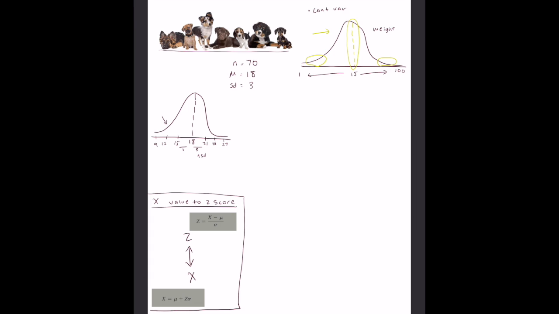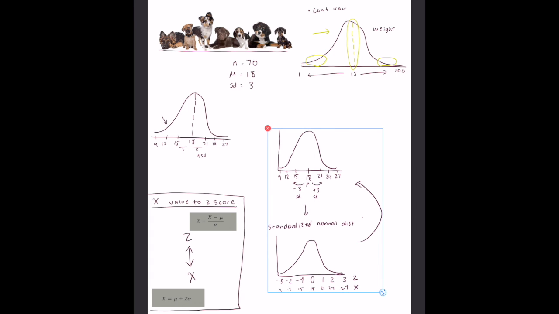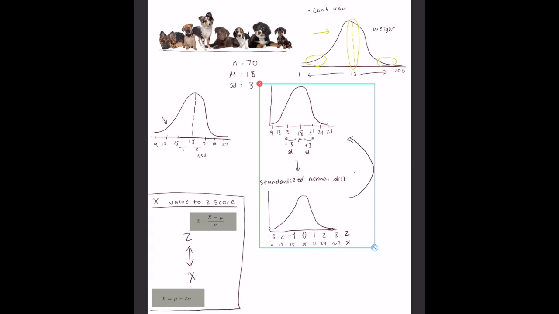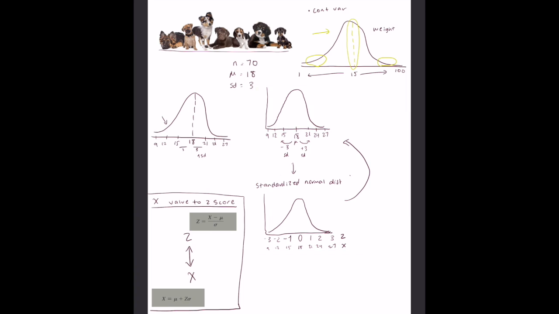Now let's try to turn this into the standardized normal distribution. So I just created a copy of what I just wrote, and this is what you would represent the weights using. We can convert this to a standardized normal distribution by turning the mean into 0 and then showing the standard deviations instead of the actual x values.